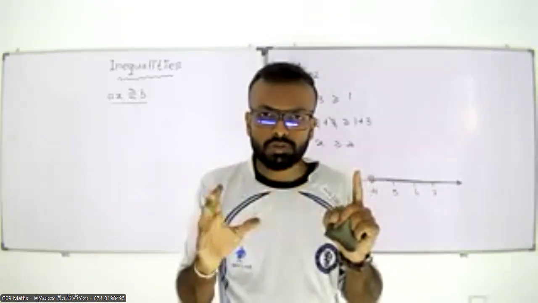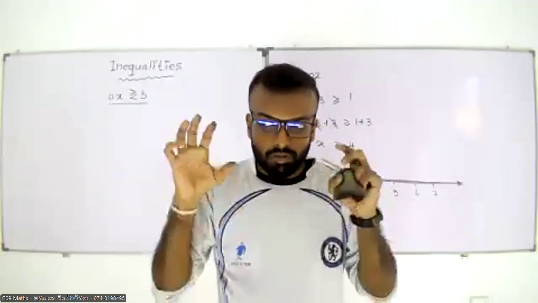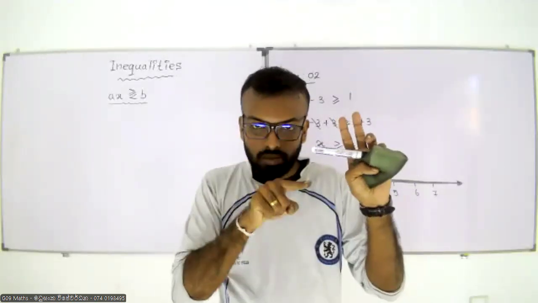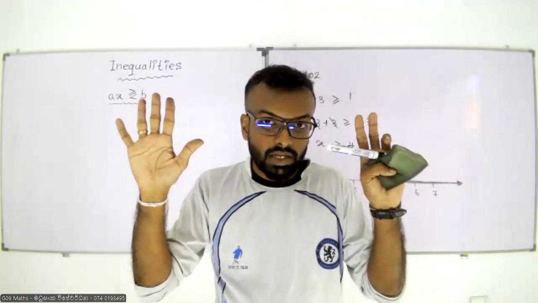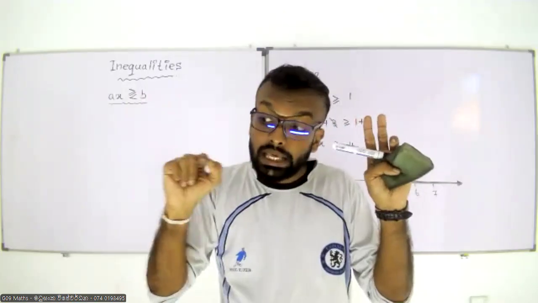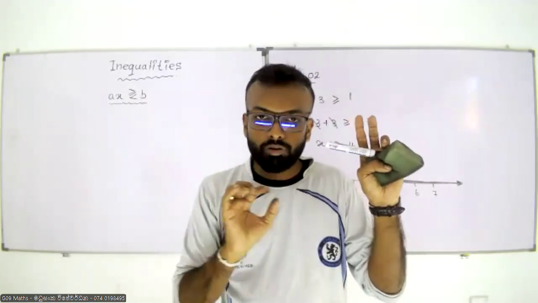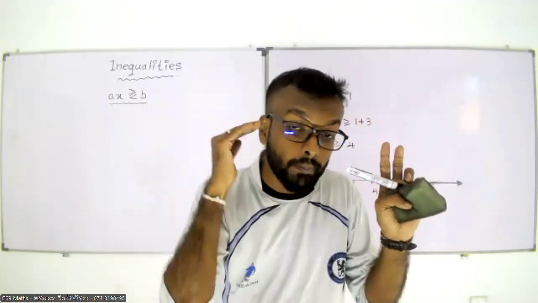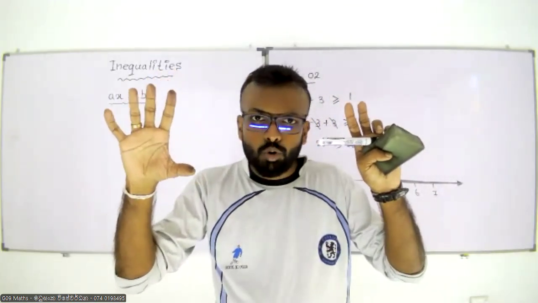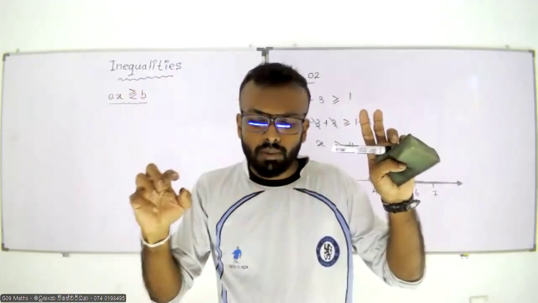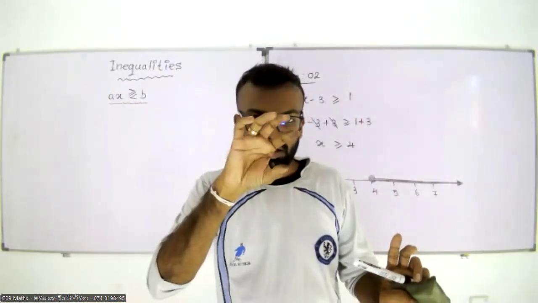But now there is a particular inequality where you are going to divide your left hand side and right hand side by a negative number. If you are dividing both sides by the same negative number, when it comes to the next step, your inequality flips.